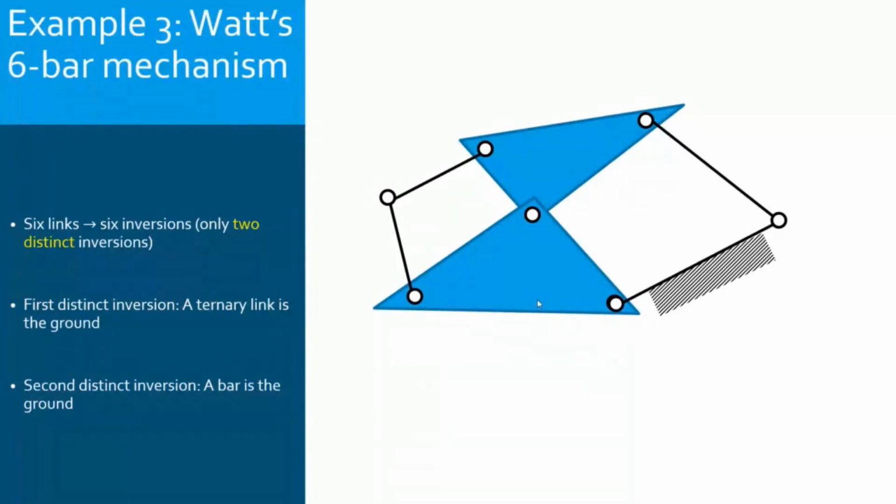What I will have always is two bars connected to two ternary links, and the ground and one bar. We choose any bar, it will always lead to this configuration. Okay.